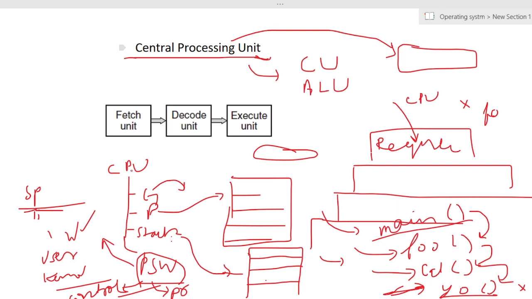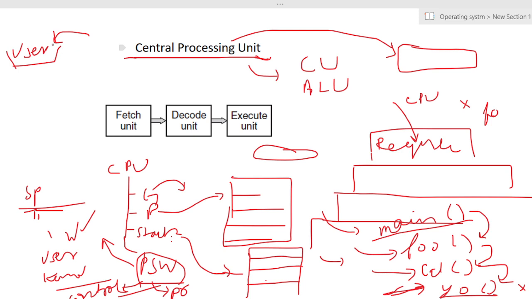Now let us suppose a process is being executed in user mode. As we know, in user mode there is no allowance for the process to access the hardware, input devices, or memory.